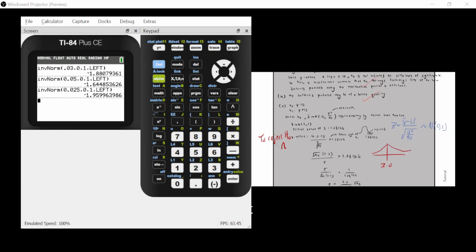We need our critical value z crit to be somewhere here, maybe I'll move it a bit more to the left, and then we need our test statistic to be a bit more to the right, such that the area over here, the p value, is less than alpha. That's how we reject. What you said here, follow the sign. More extreme, or inside the critical region. The test statistic is inside the critical region.